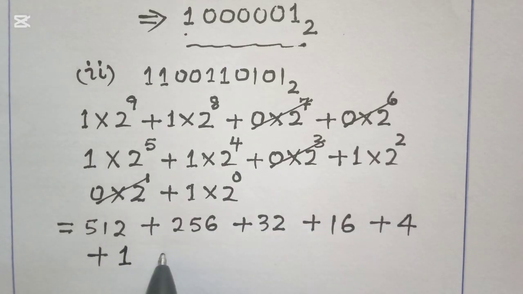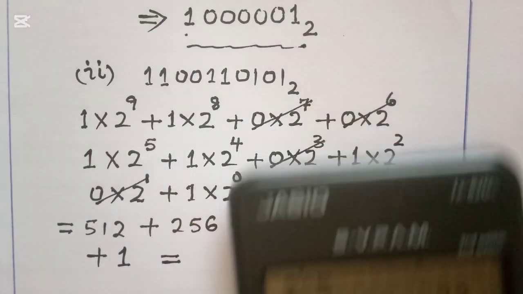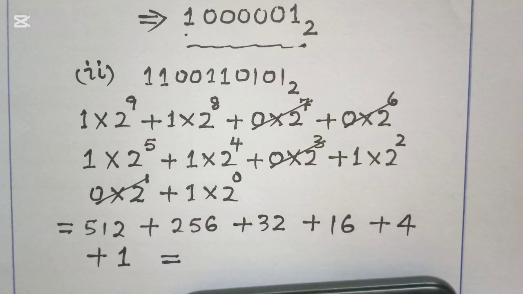So now, guys, we add all those numbers. That will be 512 plus 256 plus 32 plus 16 plus 4 is 20, plus 1.